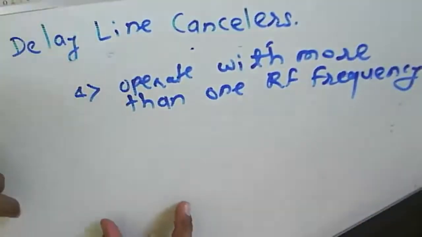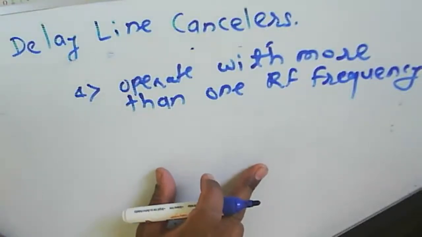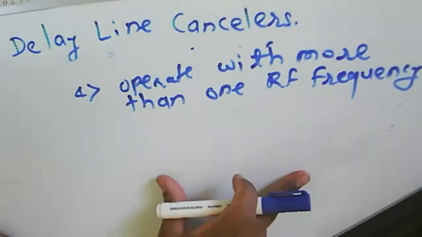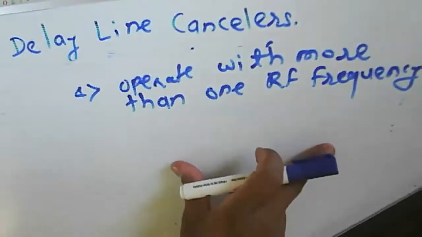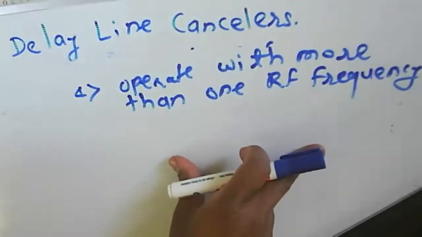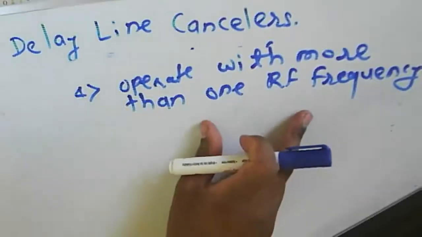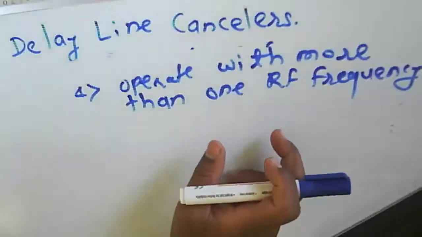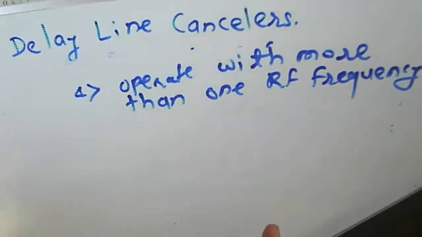If we operate the radar with more RF frequencies, it can automatically unmask the blind spot. But the drawback of this system is that it requires frequency changes, because we are operating with multiple frequencies, and these changes must be possible within the given allocated band.